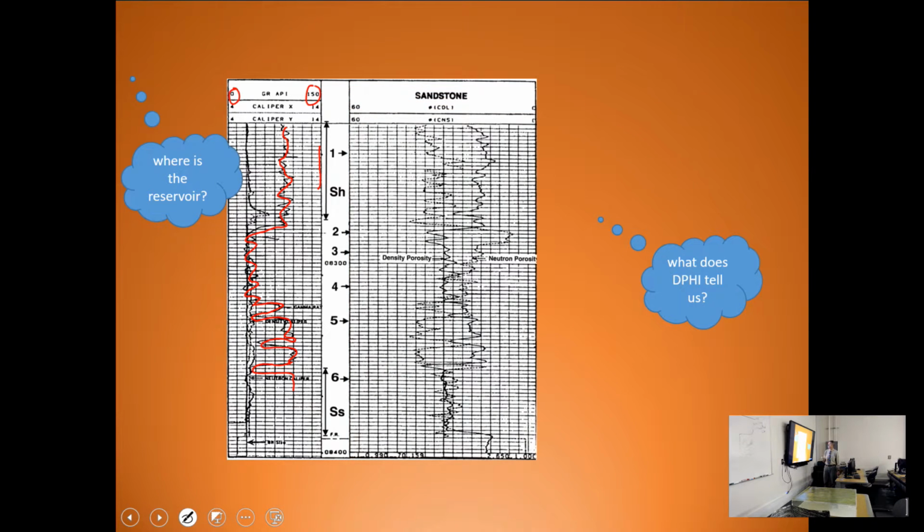So here's an interpretation. I took this from a publication. It's a good example. They're interpreting this. The SH probably stands for what? Shale, S-H-A-L, so that's probably a shale. And then if you had a density porosity log, what would it look like? Okay, well this is what it would look like. It's an actual log. When you see this, you'll notice there's actually two curves.